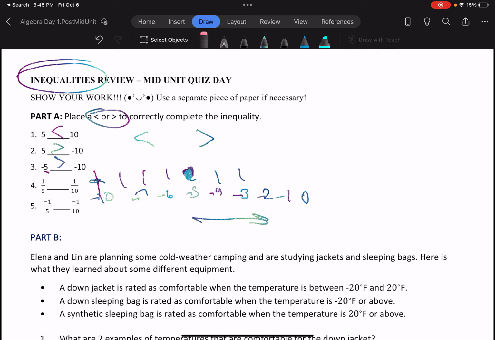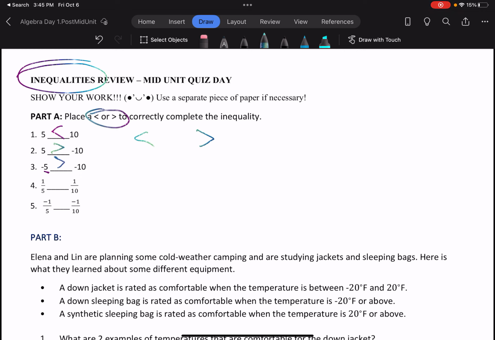Similarly with fractions, if our denominator is smaller, then that means that this fraction is actually greater, right? Because 1/5 represents 20% or 0.2, and 1/10 represents 0.10, 0.1.